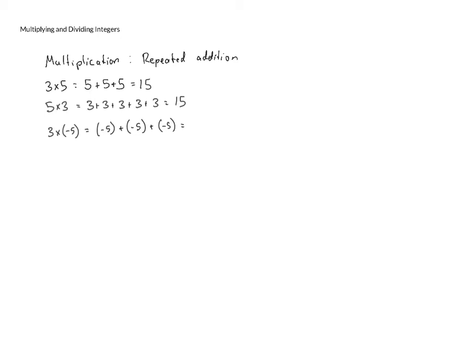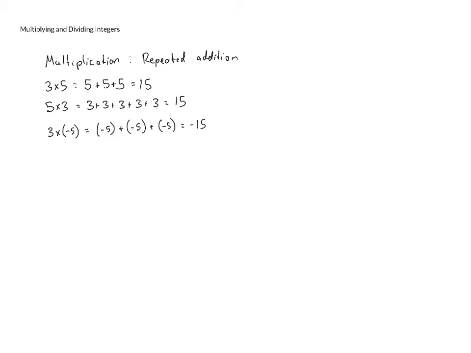If we take the first two and add them, negative 5 plus negative 5 gives us negative 10. And if we add another negative 5, that gives us negative 15. So here we can see that if we have a positive number times a negative number, we end up with a negative result. It's interesting, and it's a different rule than we had with addition and subtraction.